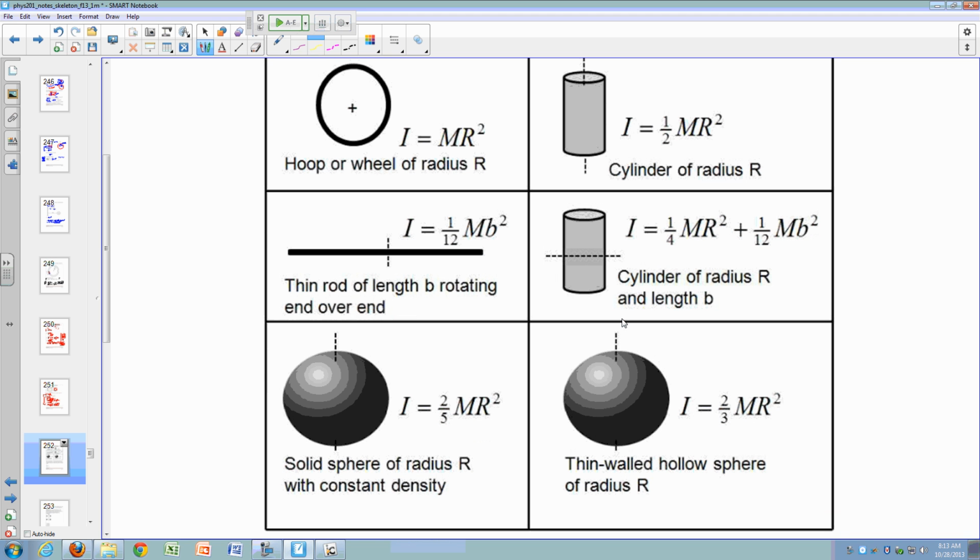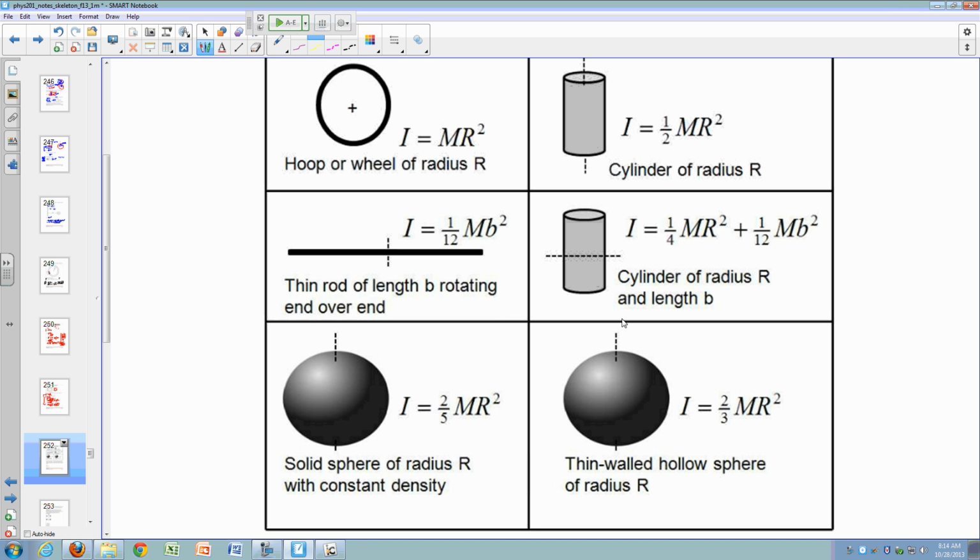You can do these derivations in a similar way. We're not going to do them here. Some of them aren't really that much more difficult, although the cylinder of radius r, this one is actually quite a bit more difficult because it's around a different axis. But if you worked at it for a couple hours, you could probably derive these as well.